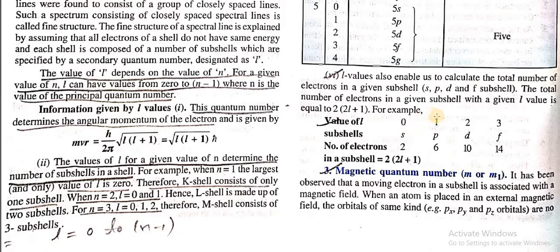Next, when the value of l is 1, it is the p orbital and the maximum number of electrons it can accommodate is 6. For d it is 10, for f 14. So s2, p6, d10 and f14. This will be used frequently.